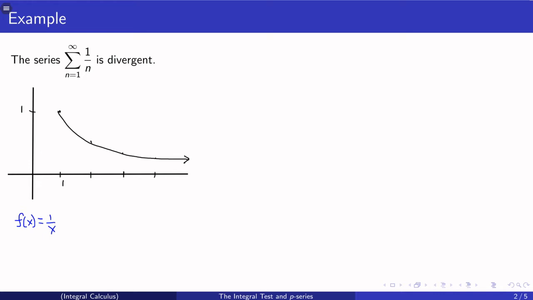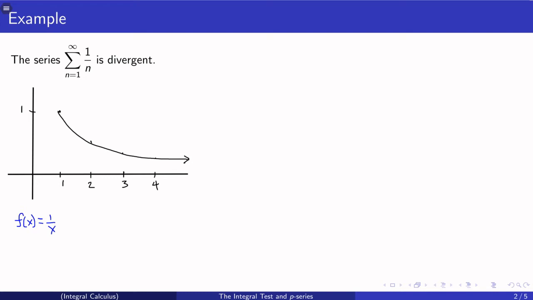Can we represent this series as an area here on this axis? I mean, when was the last time you saw the summation symbol? It was for Riemann sums, right?